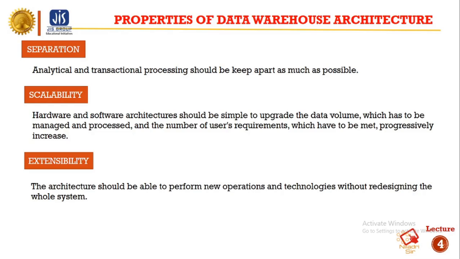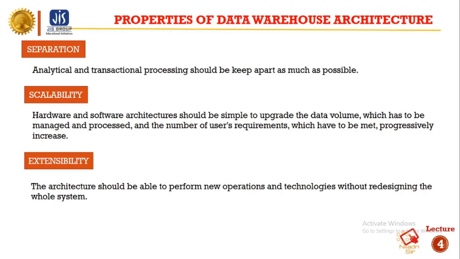So the number one was separation, that is, analytical and transactional processing should be kept apart as much as possible. The next one is scalability. Hardware and software architectures should be simple to upgrade as the data volume, which has to be managed and processed, and the number of user requirements which have to be met progressively increase. Next is extensibility.